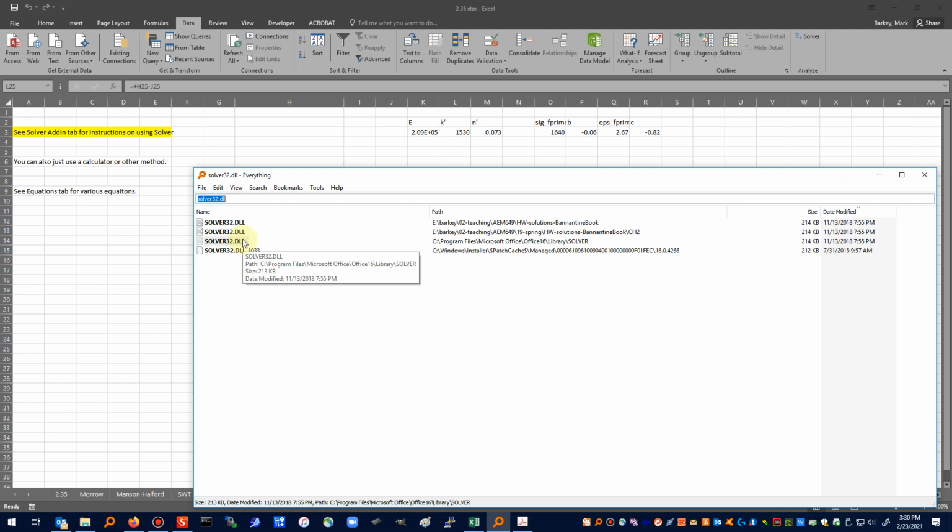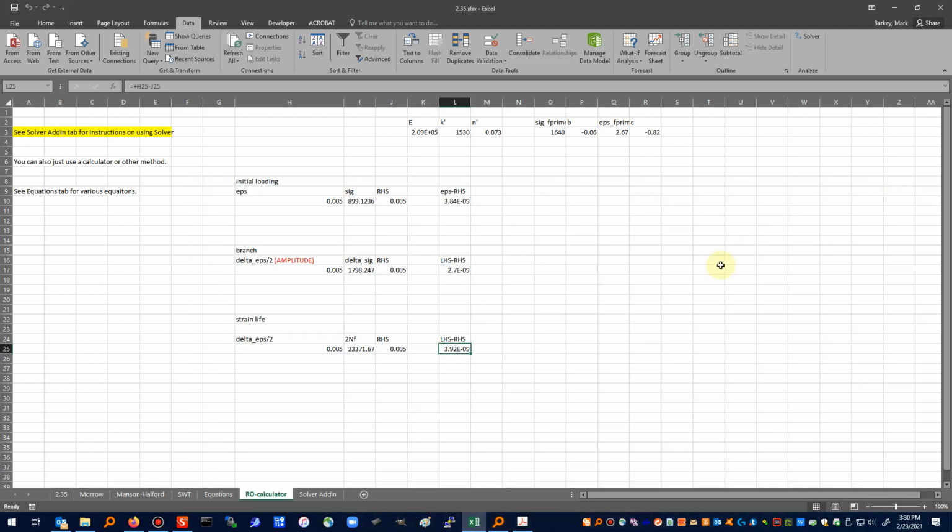I copied that and put that into my working directory for my spreadsheet, closed everything down, restarted it, and it somehow found it. I haven't been able to reproduce the error, but if you do get that error, that's how you can overcome it. So hopefully you don't have that problem and everything's just working fine.